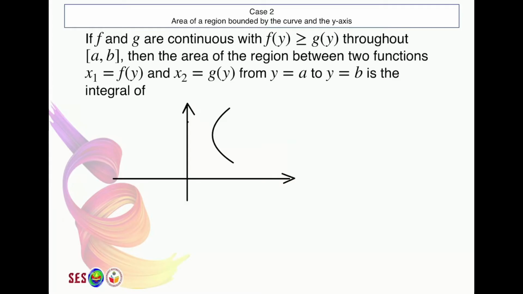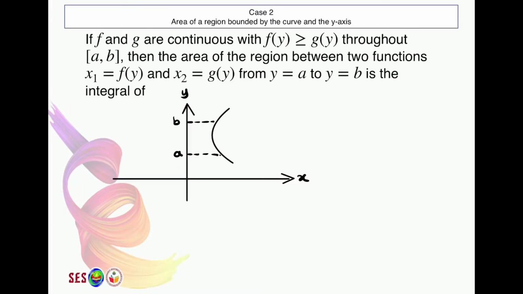Let's say this is A and this is B. So this is your x-axis, this is your y-axis. This is an example of a curve and also the y-axis. So the area of the region bounded by the curve and the y-axis will be this area here.